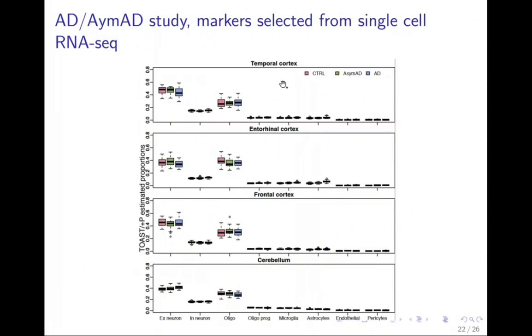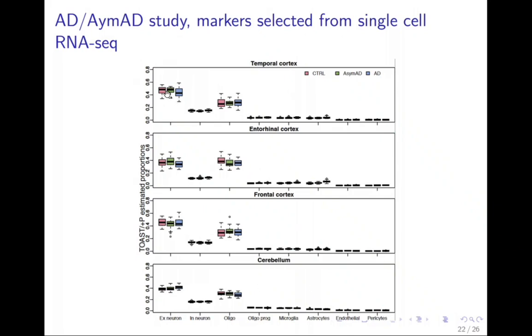And this result shows how the proportion changes in 4 brain regions in control, asymptomatic AD, and AD, meaning Alzheimer's disease. Some existing studies have found that AD has an impact on the first 3 brain regions, but not on the last region.